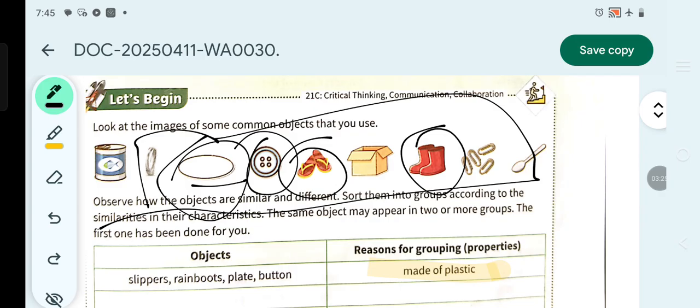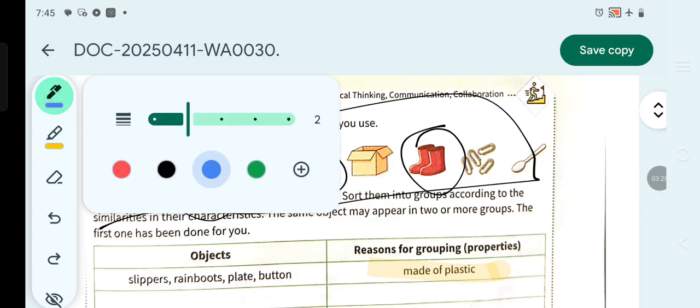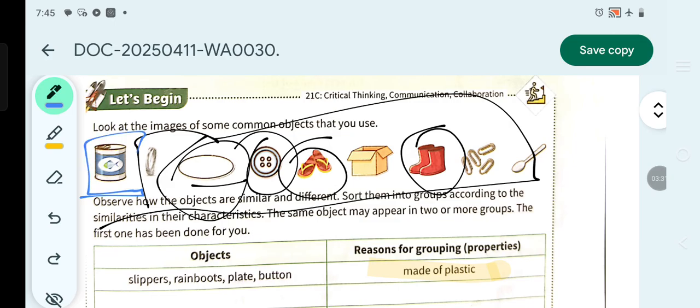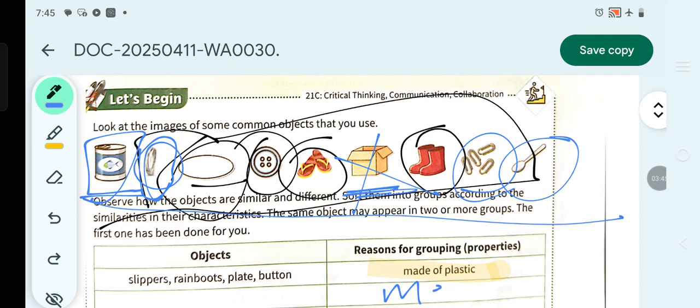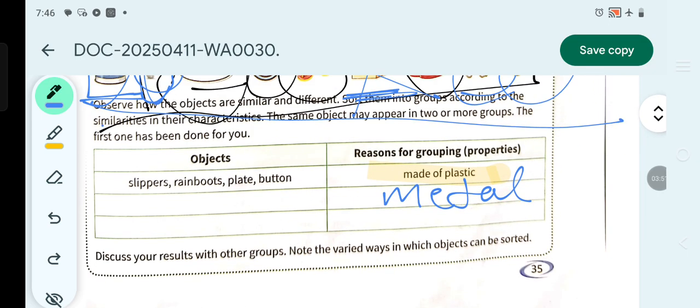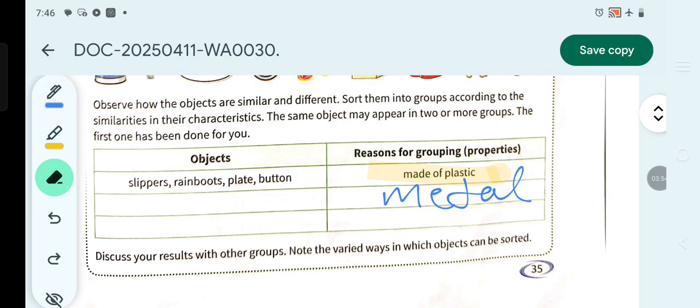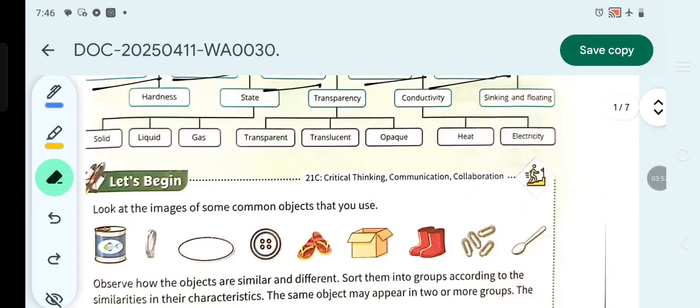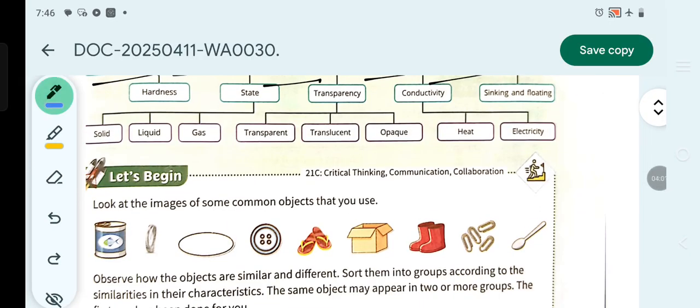Now see this thing over here, the fish can, and this bracelet, these paper clips and this spoon are all objects made up of metal. So here we can write metal, and we can write all of the four objects that we have just mentioned above. What are those four? They were the tin can, the bracelet, the paper clip and the spoon.